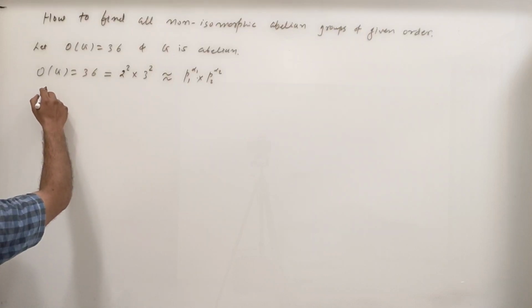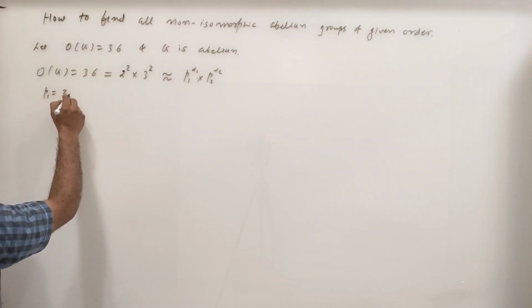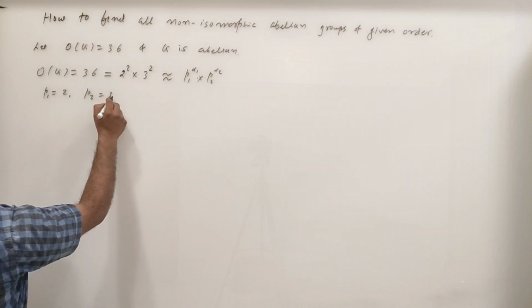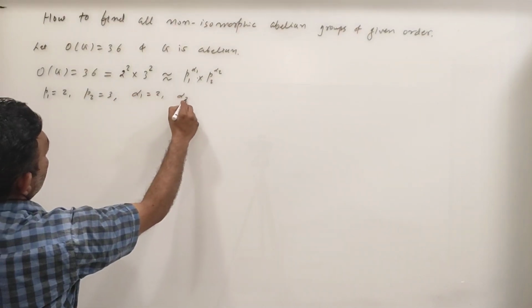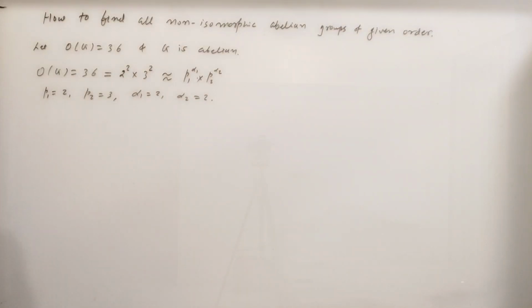So here p1 is equal to 2, p2 is equal to 3, alpha 1 is equal to 2 and alpha 2 is also equal to 2, right? Now कितने मिलेंगे? So that is 4.